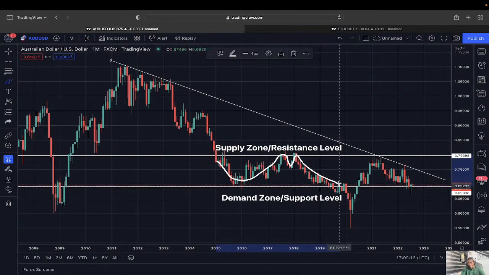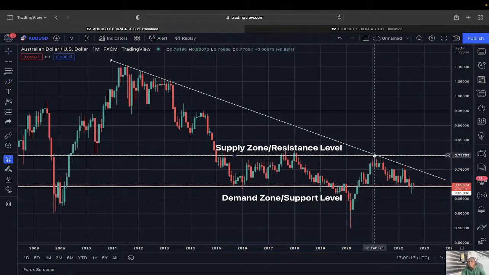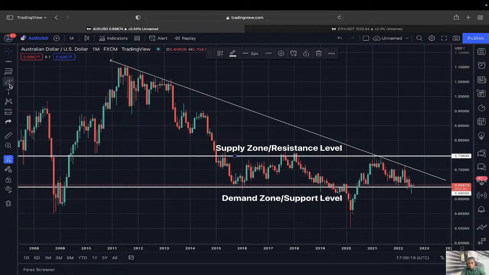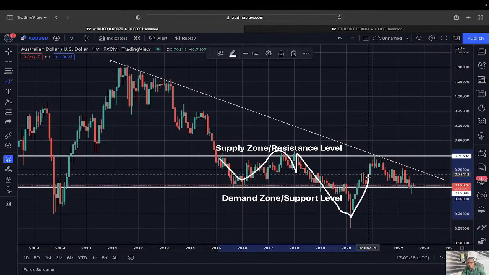So price went down to this level, went up again to that previous resistance level. As you can see, price went to that previous resistance level to test if that resistance zone is still solid and strong enough to withstand pressure. If it's not, that's why we have a breakout.